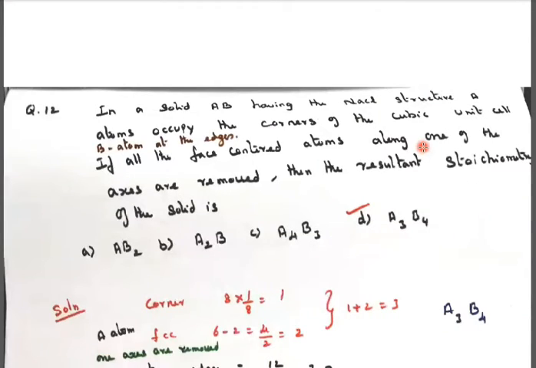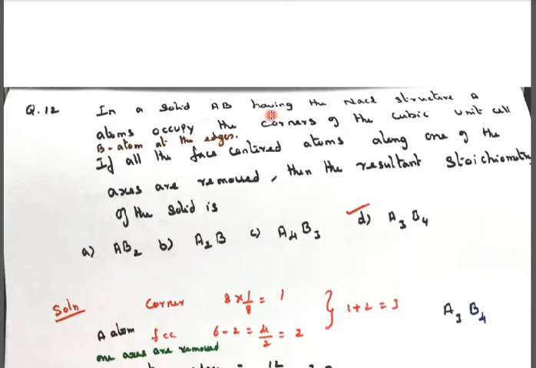In a solid AB having the sodium chloride structure, A atoms occupy the corners of the cubic unit cell and B atoms occupy the edges. If all the face-centered atoms along one of the axes are removed, then the resultant stoichiometry of the solid is? Once again, I'm repeating the question.